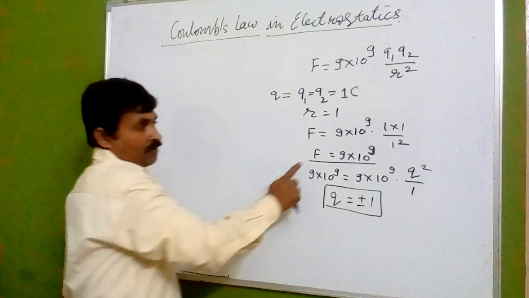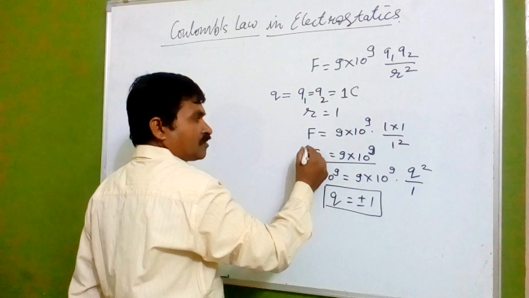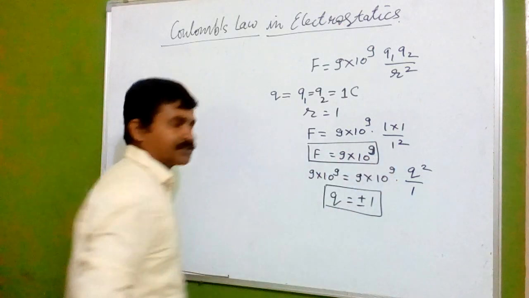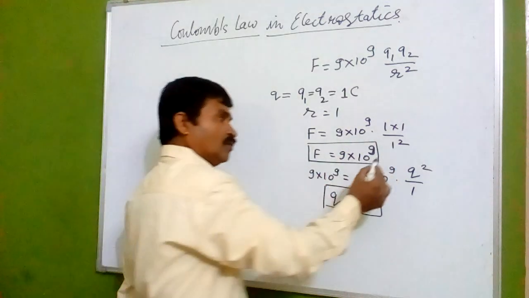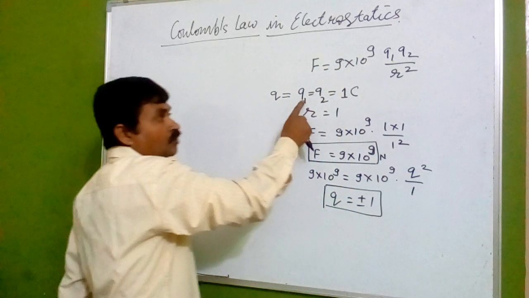Now see here, we have Q1 Q2 equal to 1, and F equals 9 into 10 raised to the power 9 Newton, which is exerted by these two charges of 1 coulomb each.